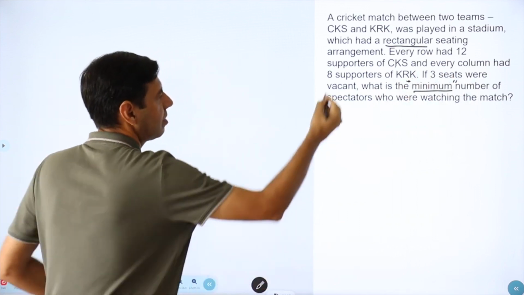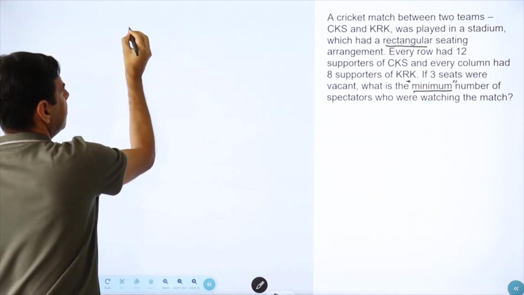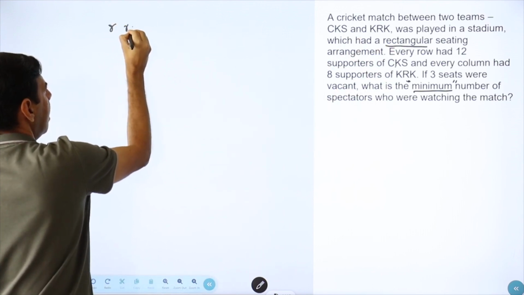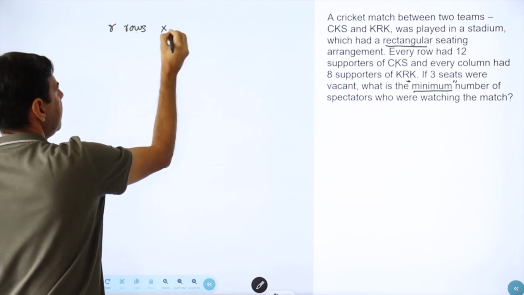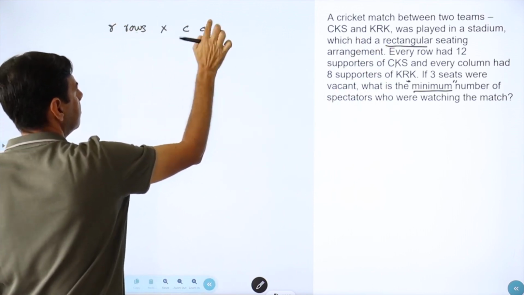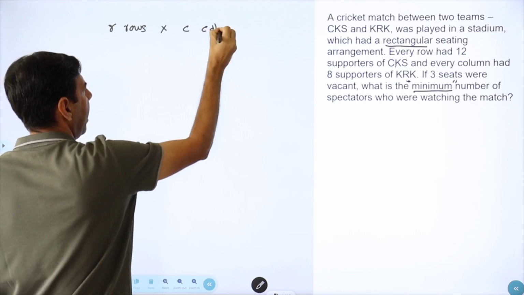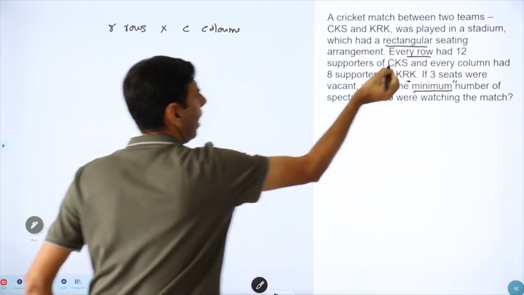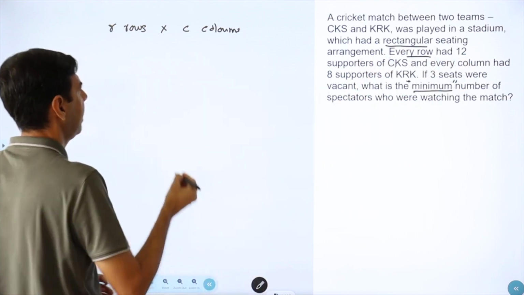So the way it goes about is, the rectangular arrangement we can think of as R rows by C columns. Now coming to the data, every row had 12 supporters of CKS.